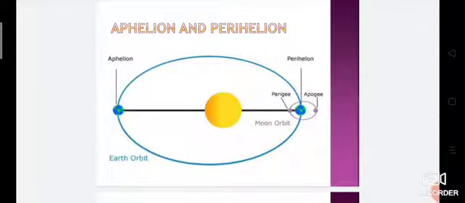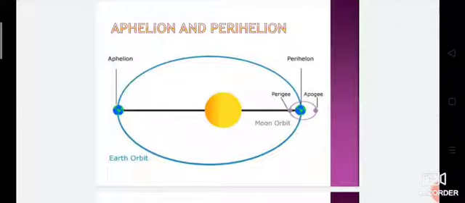And sometimes the earth moves away from the sun, and the distance between the sun and the earth is about 15 crore 20 lakh kilometers. This position is known as aphelion, and at this time the earth gets the minimum amount of insolation because of the oval shape of the orbit.